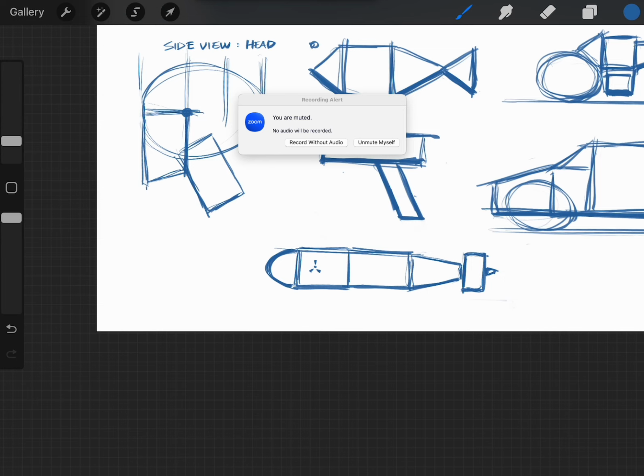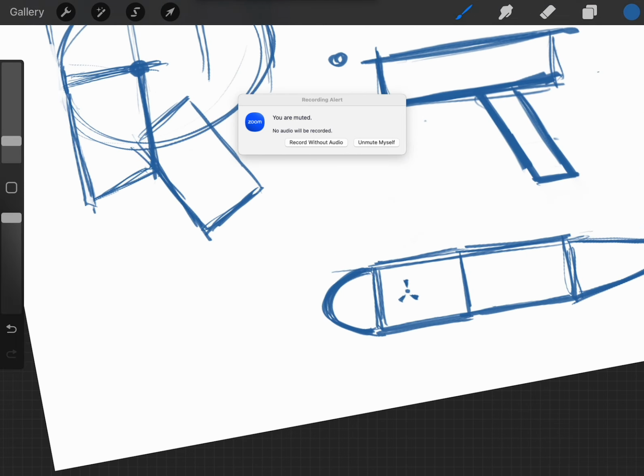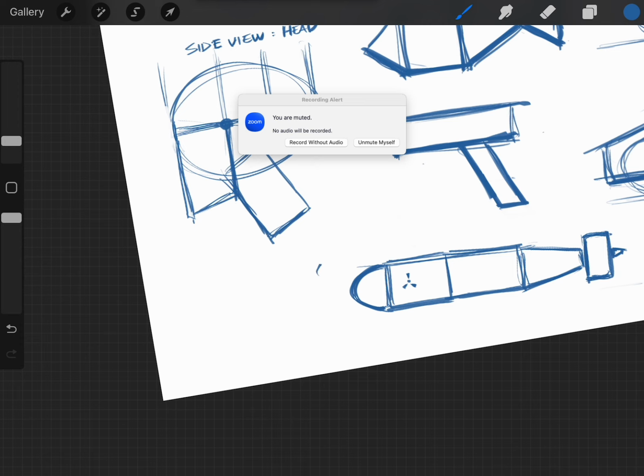It's about the scale of things. If I draw a human scale, and this is a torpedo, the human is probably about this big. The torpedo is probably about twice the length of a person.